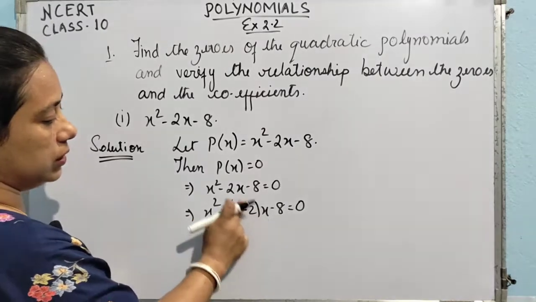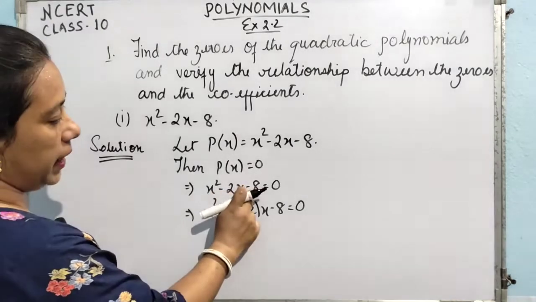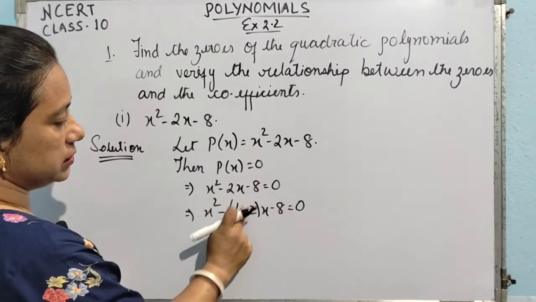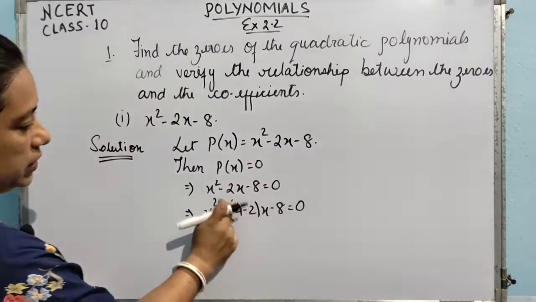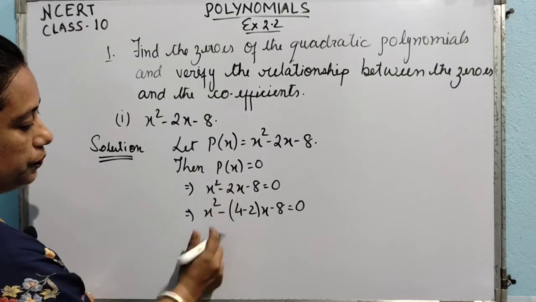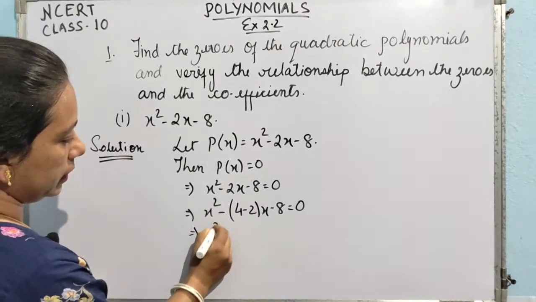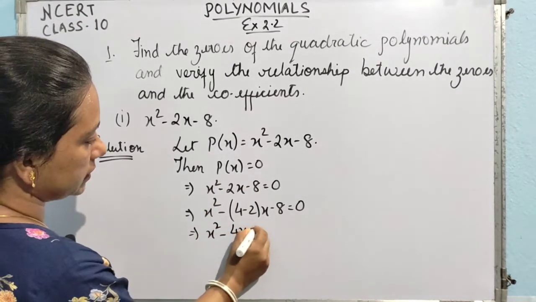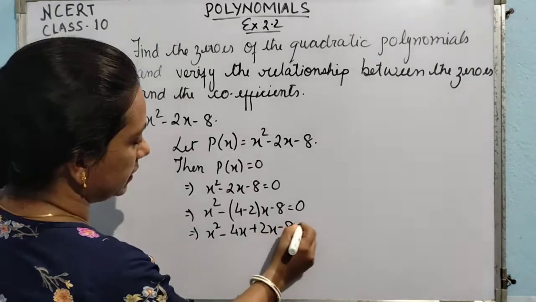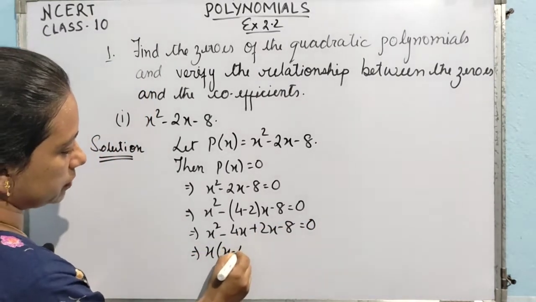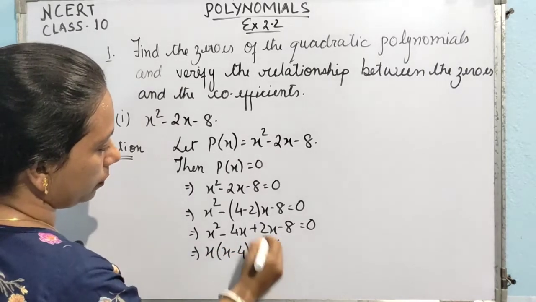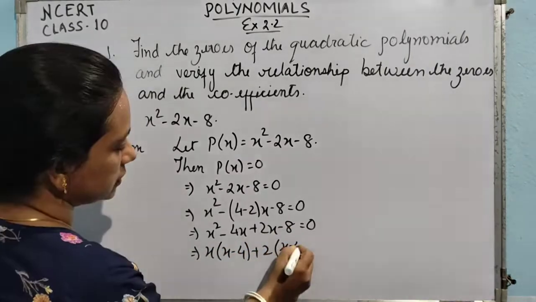So here we are doing the middle term splitting: minus 8, so minus 4 and plus 2. Minus 4 and plus 2 will give you minus 2. So x square minus 4x plus 2x minus 8 equal to 0. We take x common from the first two terms, x minus 4, and 2 common from the last two terms, x minus 4.